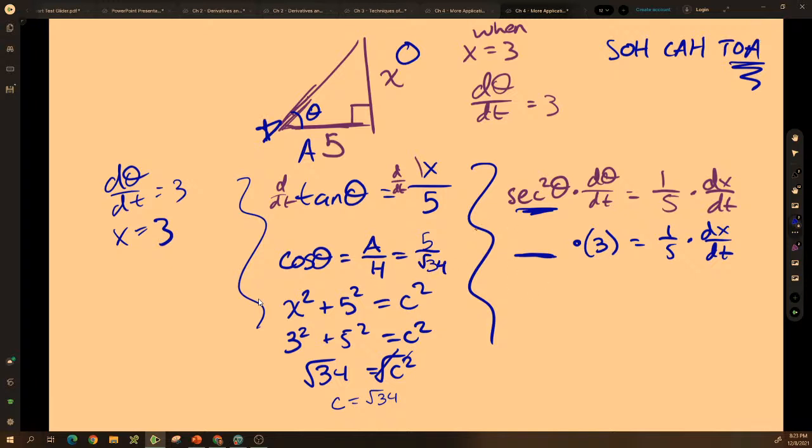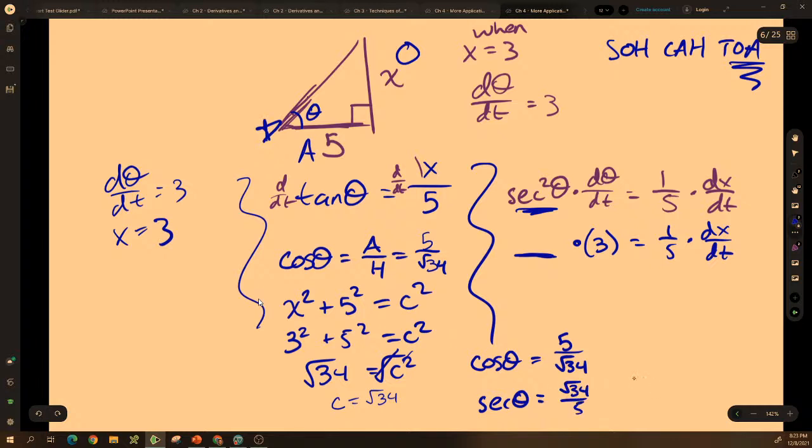Now, I didn't want cosine, I wanted secant squared. So if cosine of theta is 5 over rad 34, then secant theta is just that flipped. So secant theta would be rad 34 over 5, and secant squared theta would be square both sides: the square root of 34 squared cancels to 34, and 5 squared is 25. So this would be 34 over 25.